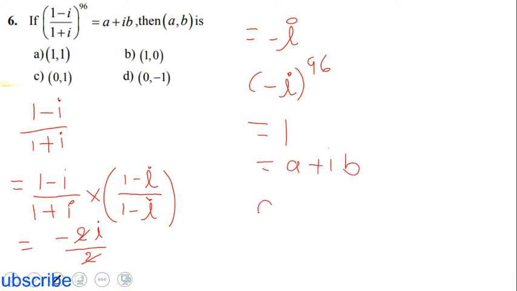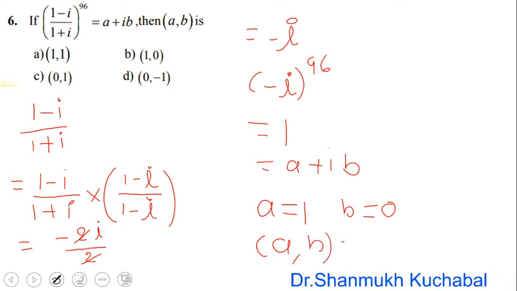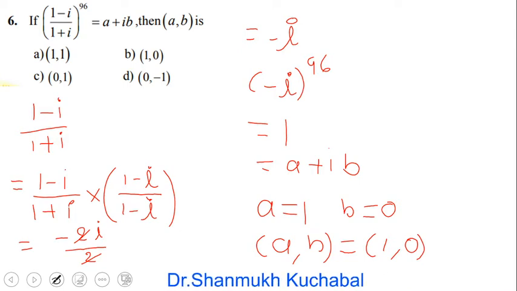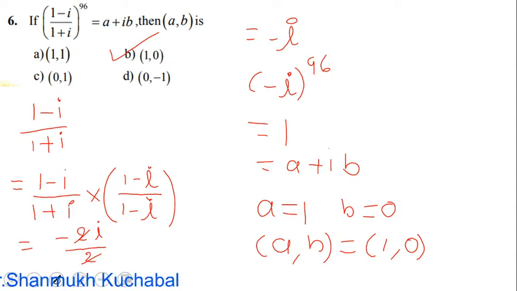The real part a equals 1, and the imaginary part is not there, so b equals 0. So the ordered pair (a, b) is (1, 0). Clearly option B is the right answer. Like this, minimizing the steps, we have to find the solution for a given example.